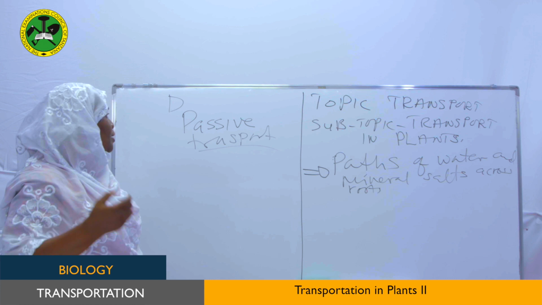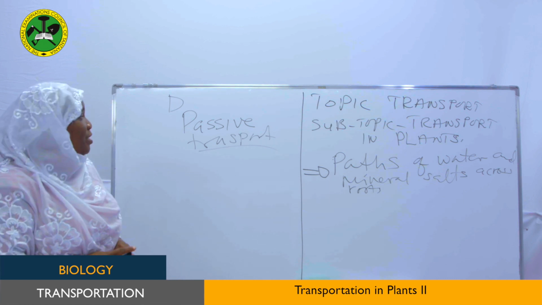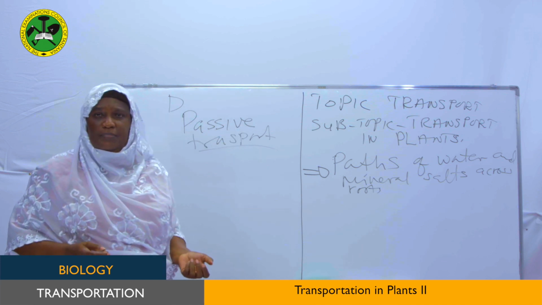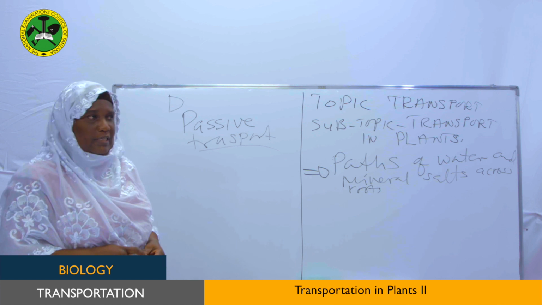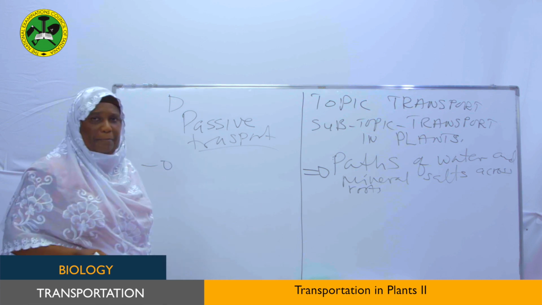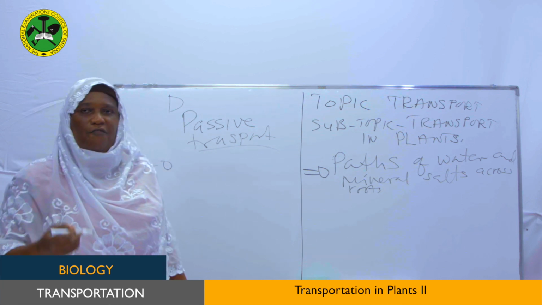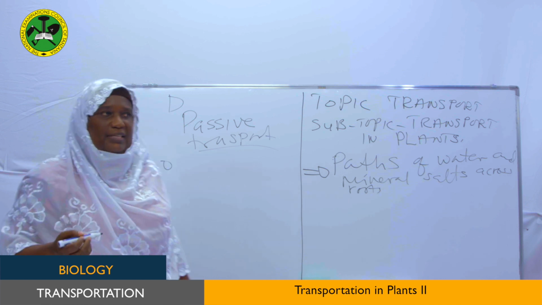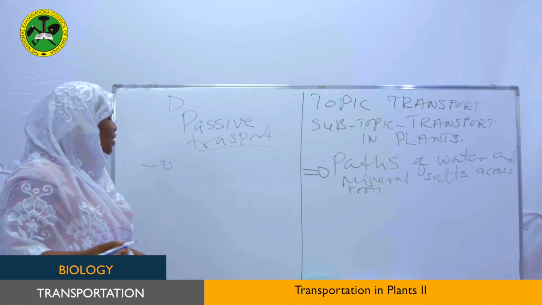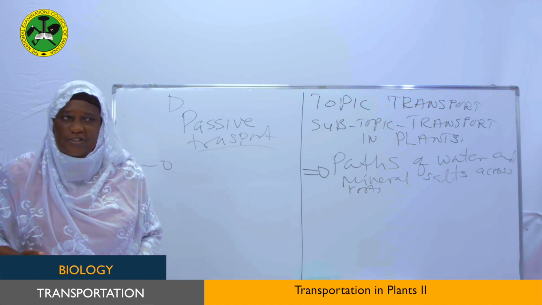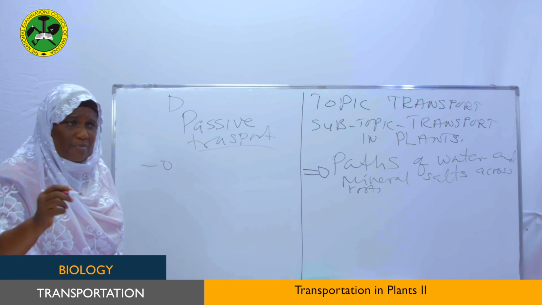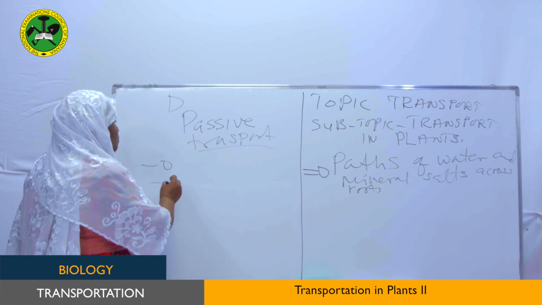For that case, materials cannot move without having these two, that is passive transport or active transport. When you deal with passive transport, it means we consider movement of materials following concentration gradient. It means they move from the area of high concentration to the area of low concentration. That is passive transport. But apart from that, energy is not employed.